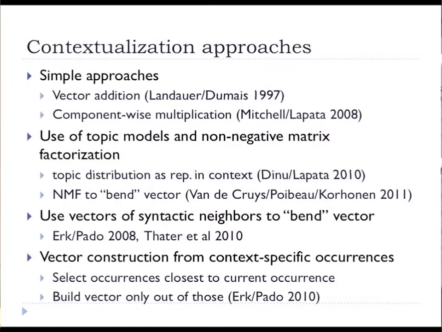There are also approaches that use topic models and, similarly, non-negative matrix factorization. So you do a topic distribution over all contexts, and then you compute the probability of each topic given your target word and given the current sentence context.